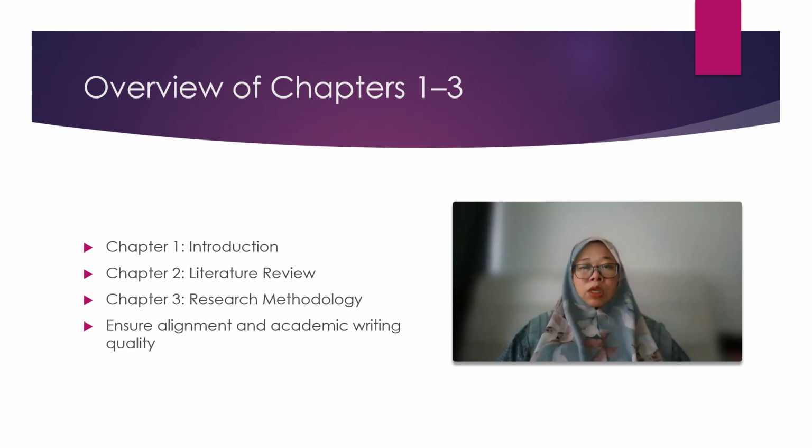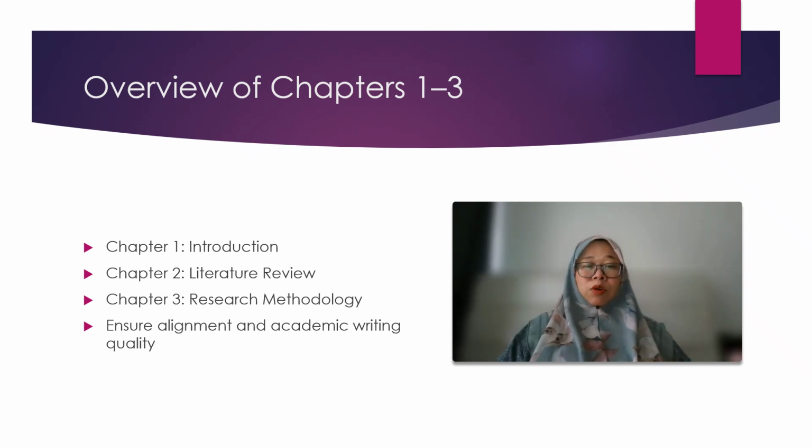Okay, I bet that you already know your submission consists of the first three chapters, 1, 2 and 3. So this section collectively establishes your research foundation. Chapter 1, as you understand, introduces you to the study, while chapter 2 synthesizes past research, and chapter 3 should be used to outline your methods.